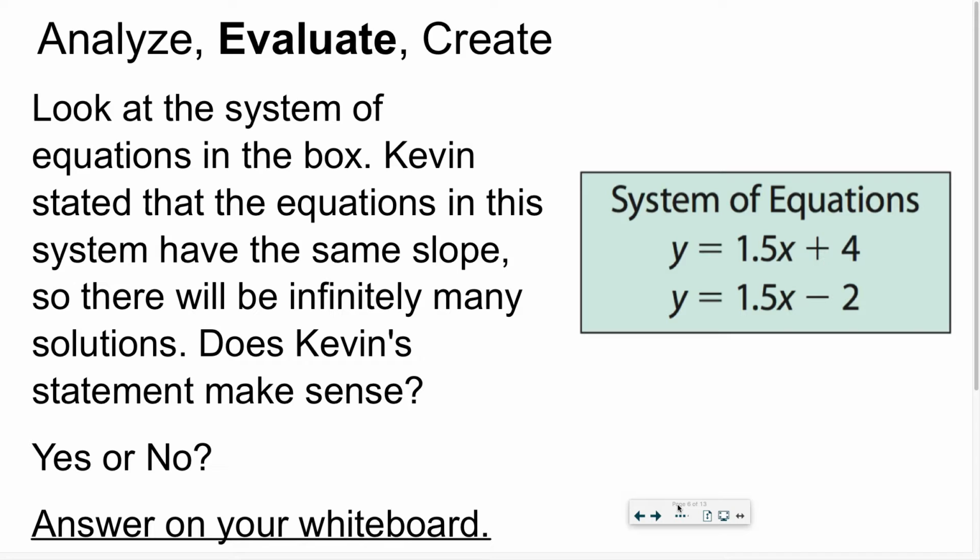No, because in order to have infinitely many solutions, you need to have the same slope and the same y-intercept. Does this system of equations have the same slope and the same y-intercept? No. So how many solutions? No solution. Good.